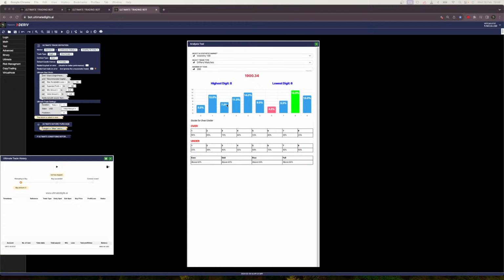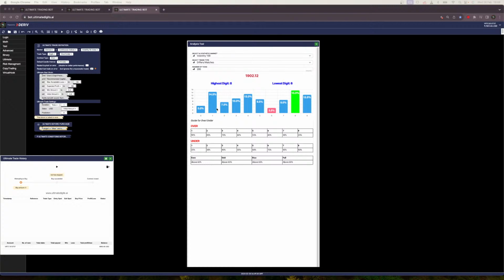The statistics right now is at 7.5%, which means it's a good time to run the bot, but not really because the decline is at 14%. That means it's very frequent in the market.